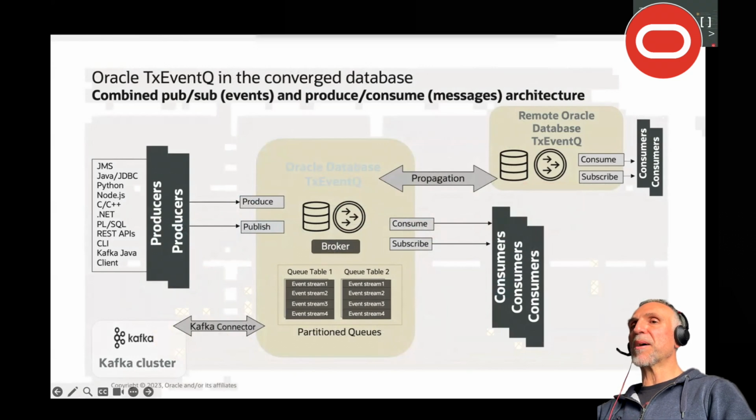But then you can also provide partitions where you want to scale this architecture. So each database instance in transactional event queues acts like a broker. And you can connect multiple databases together and have messages or events propagated across database instances or across brokers, if you want. And you can have your consumers connect to their nearest database instance.